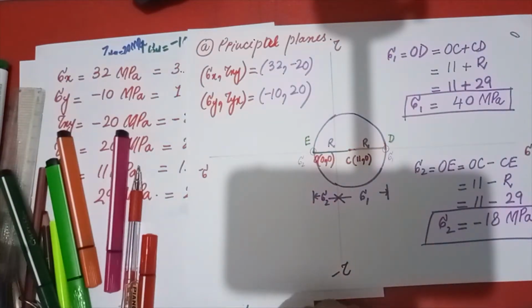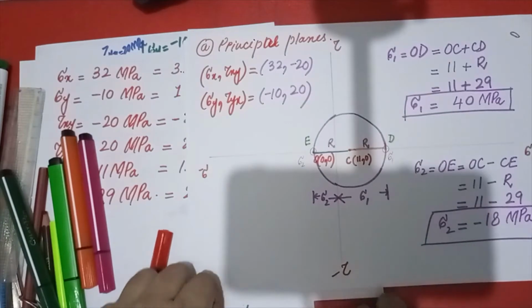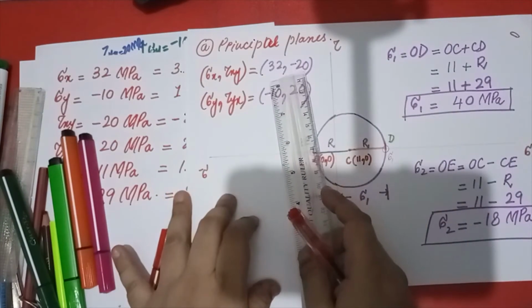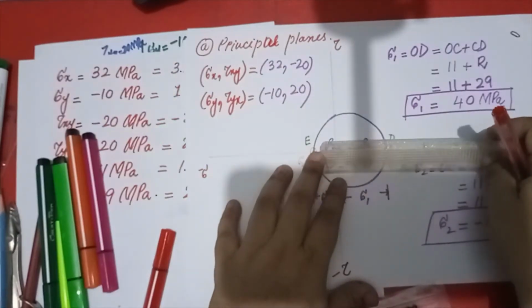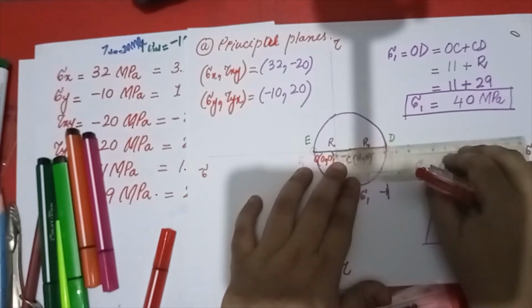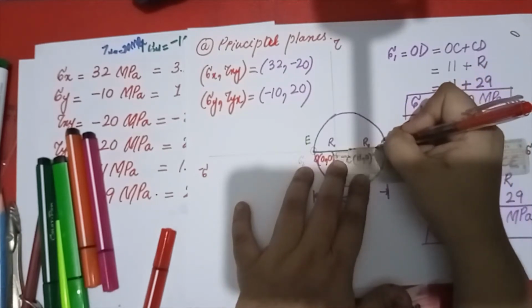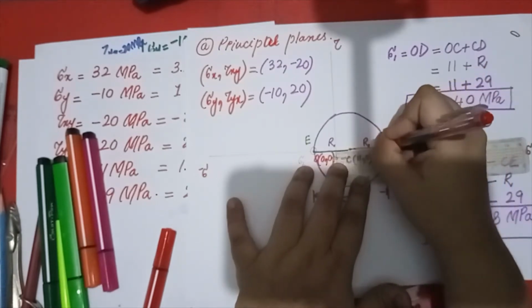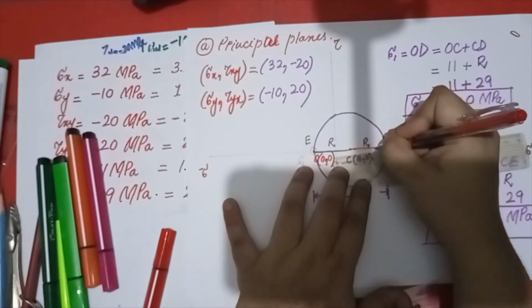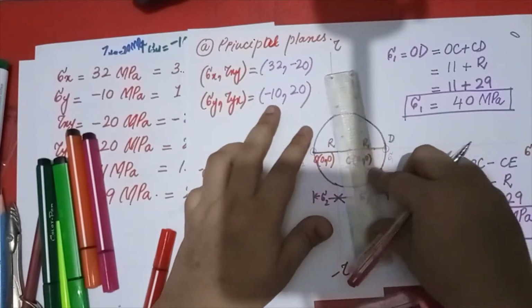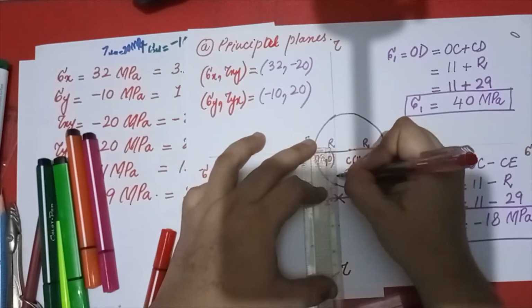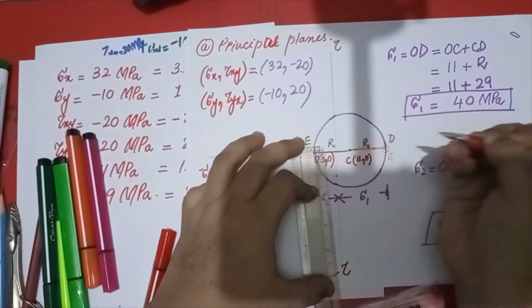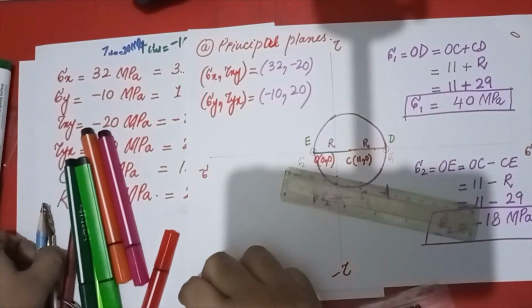And how can I plot it? Let me mark it accordingly. Sigma x is positive and tau xy is negative. So I have to use this scale and take 3.2 centimeter from the origin. And the next point is minus 2 centimeter, somewhere here on the negative side. So I have to plot the perpendicular.